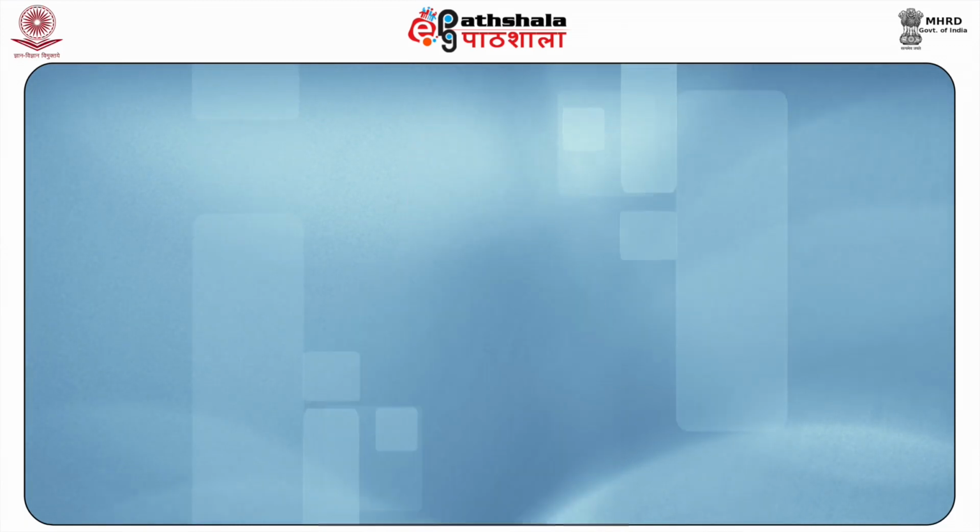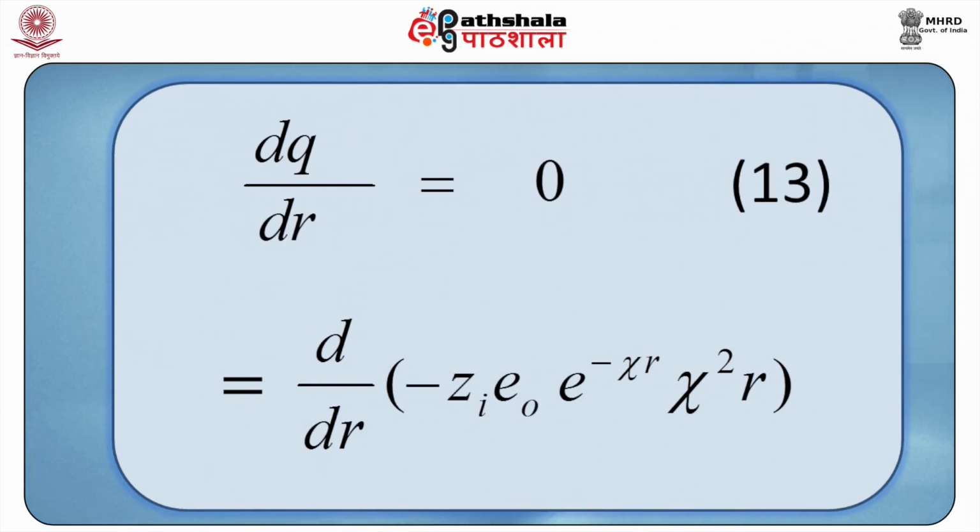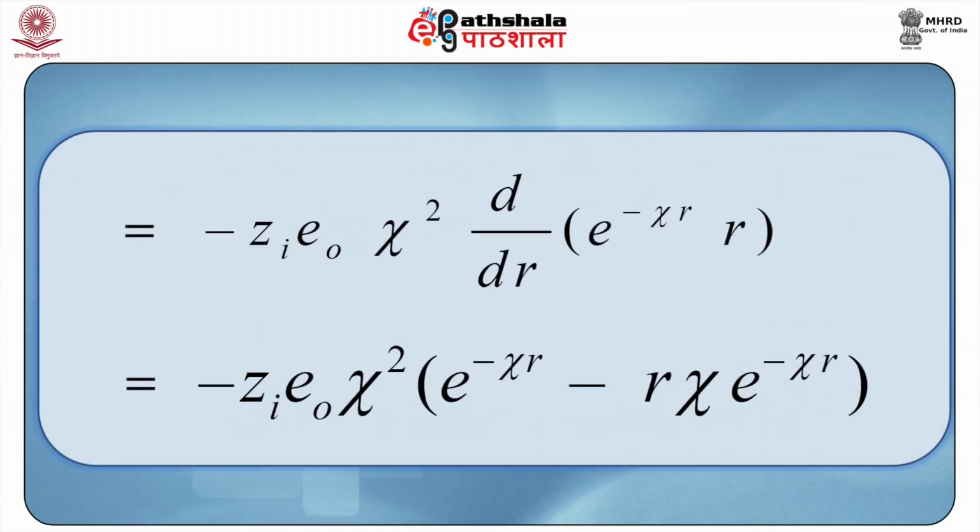Thus, the excess charge on a spherical shell varies with distance r and has a maximum value for a given value of r, which is given by equation 13: dq by dr is equal to 0, which is equal to d by dr of minus Zi e naught e to the power minus chi r into chi square into r. This is from equation 12. This can be further simplified, and we get equation 14.